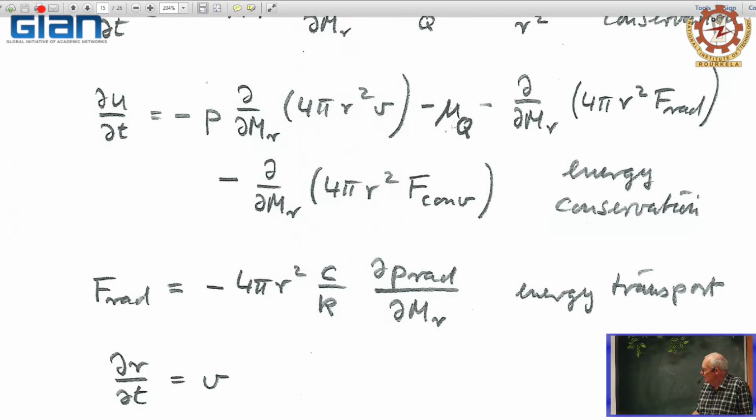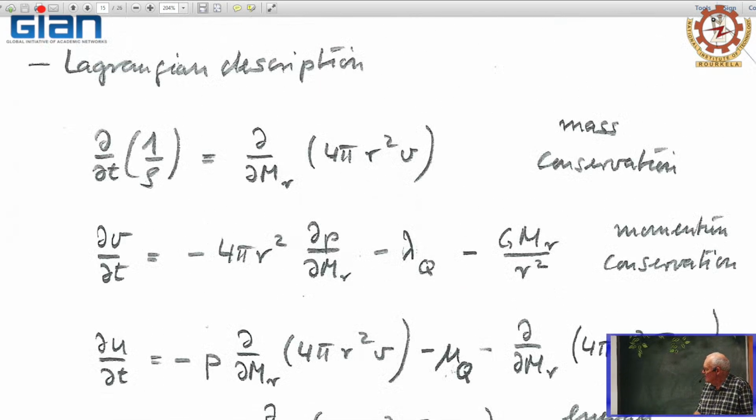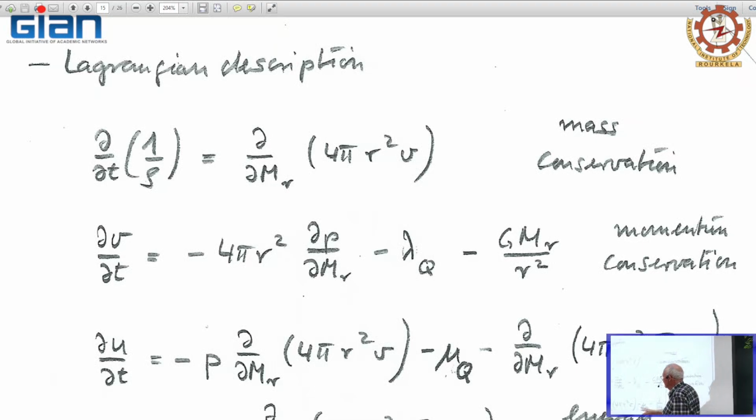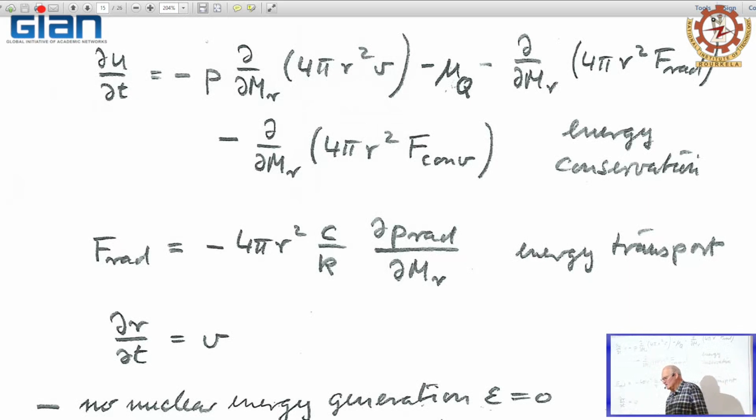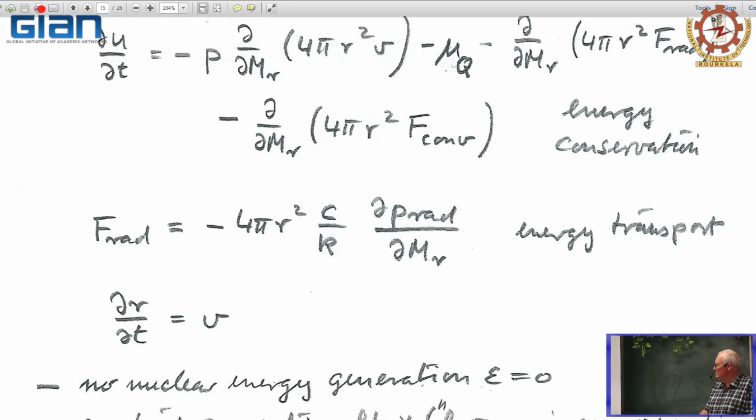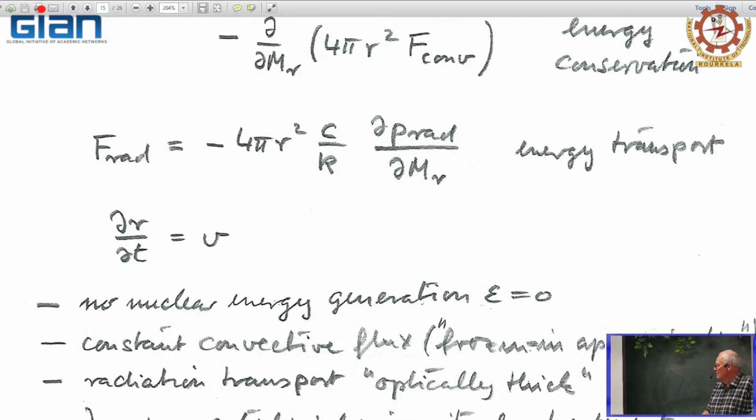And finally, of course, this is the acceleration, which is given by the first time derivative of the velocity. Of course, in the Lagrangian scheme, we have to add the definition of the velocity, which is simply the derivative of the position vector with respect to time. So this is given by the velocity. So this is the system of equations which is solved numerically.